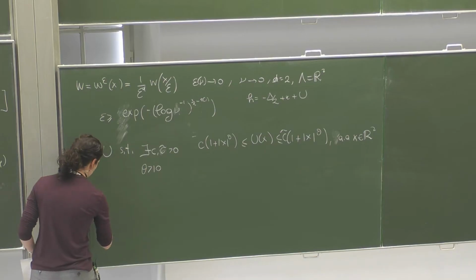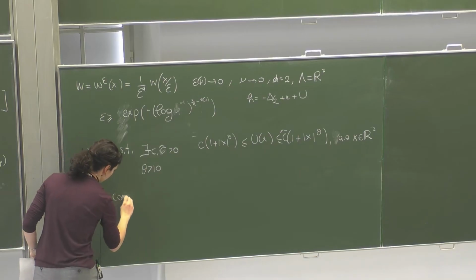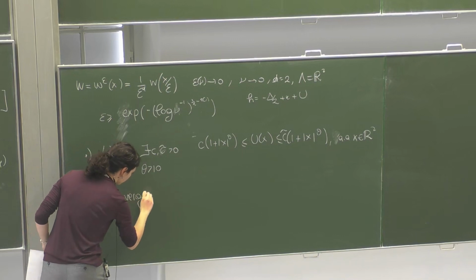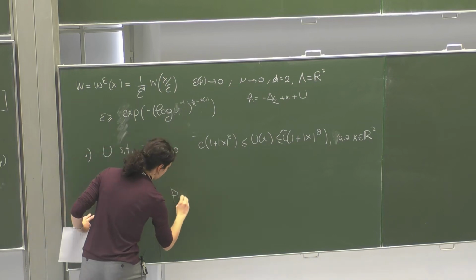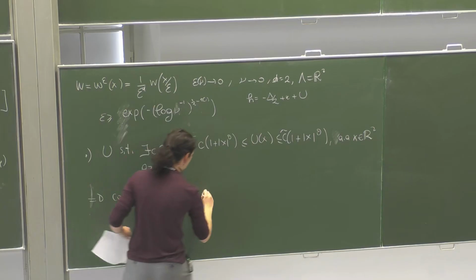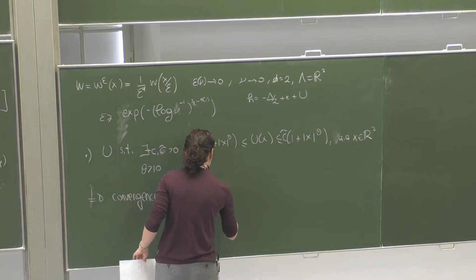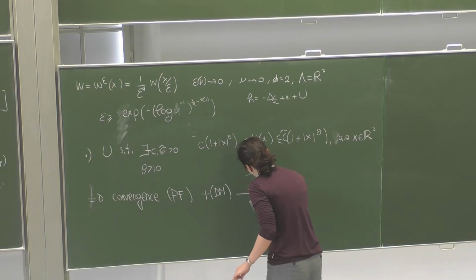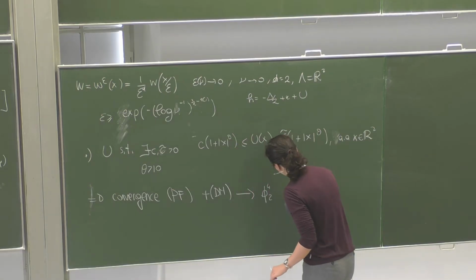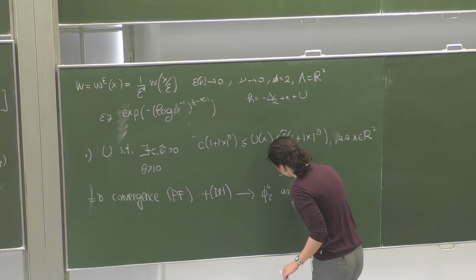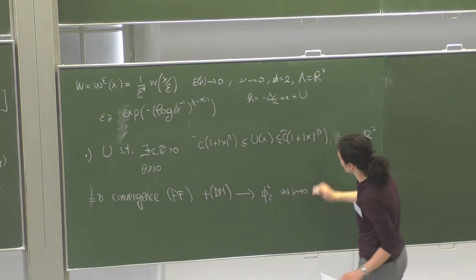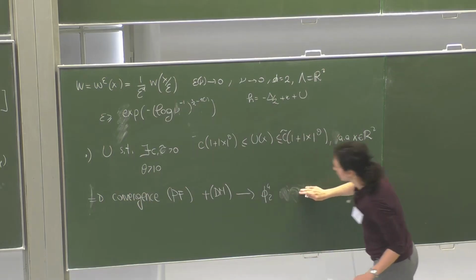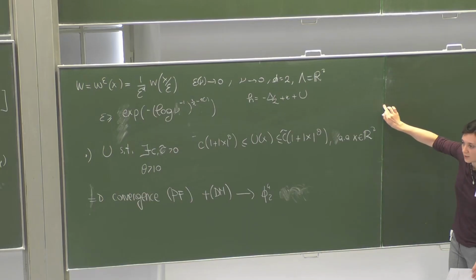Then we have the convergence of the partition function and the density matrices to a phi for 2 theory. So this is our result.